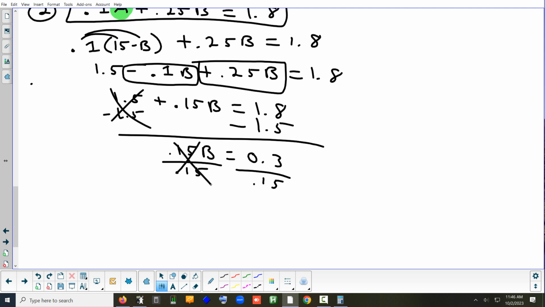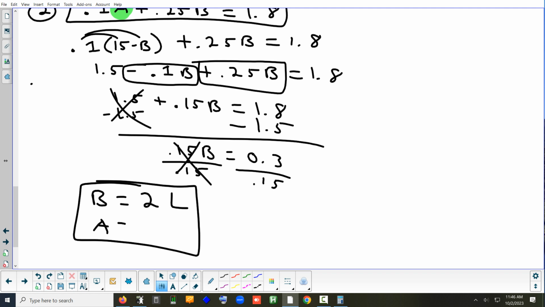And we are going to get a nice answer there. How many times does 0.15 go into 0.3? 2. Yeah. So for solution B, we need 2 liters. And we know we had a total of 15. So how many liters of solution A? 13.